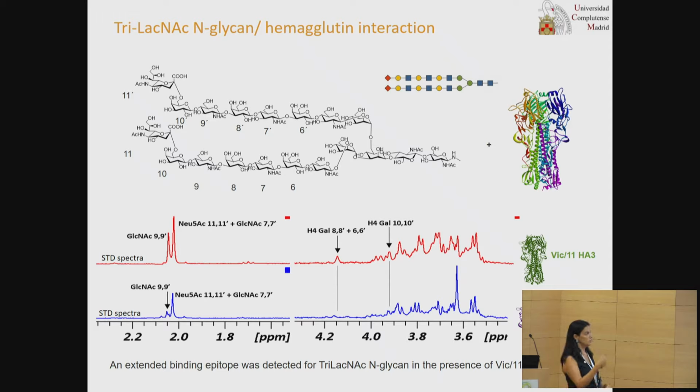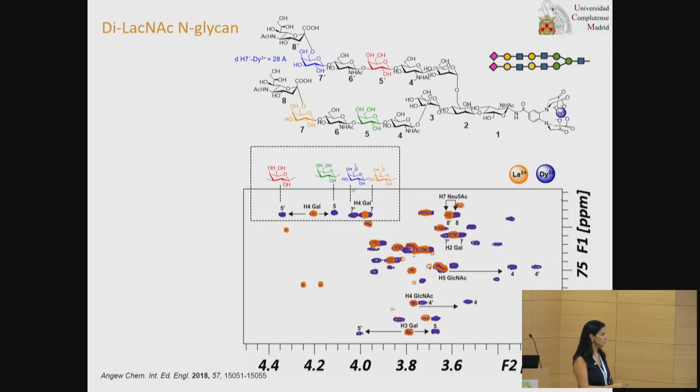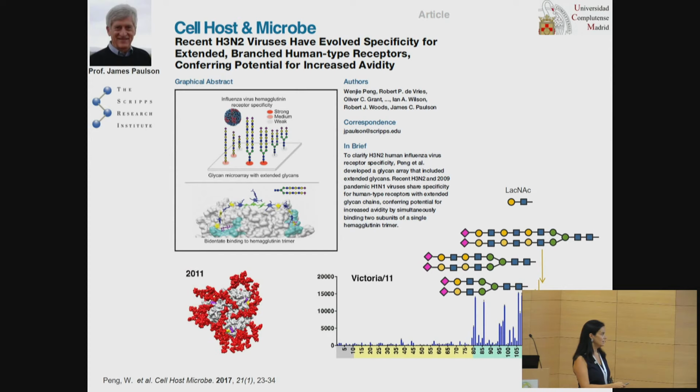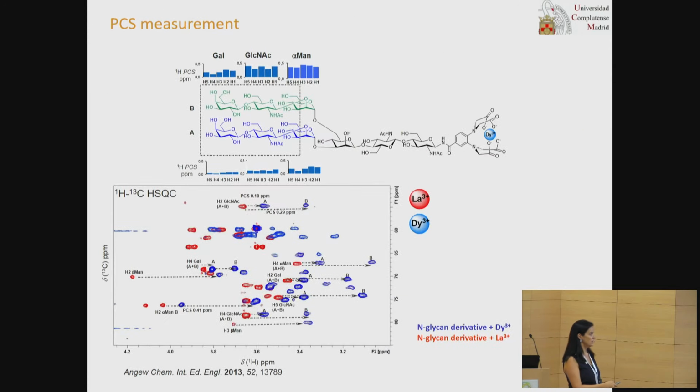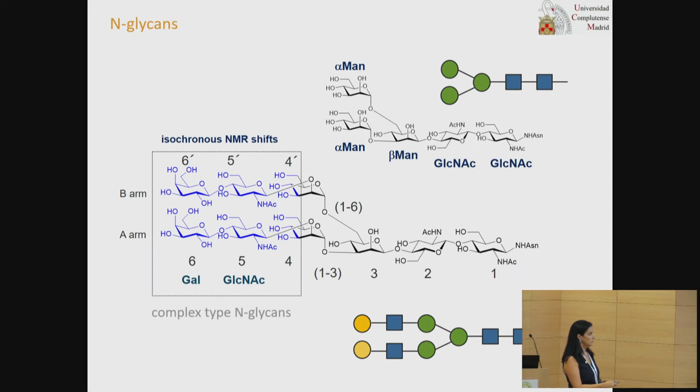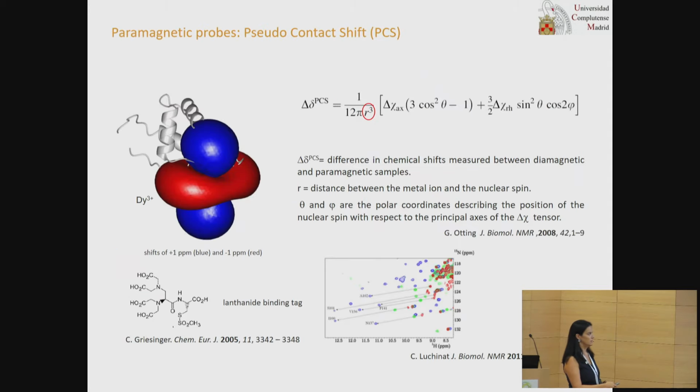But for the multi-antenna, this is very, very long. The student that is doing this is now writing the thesis, and I asked him if he could send me more amount of one of these ones, and he said, forget about that.